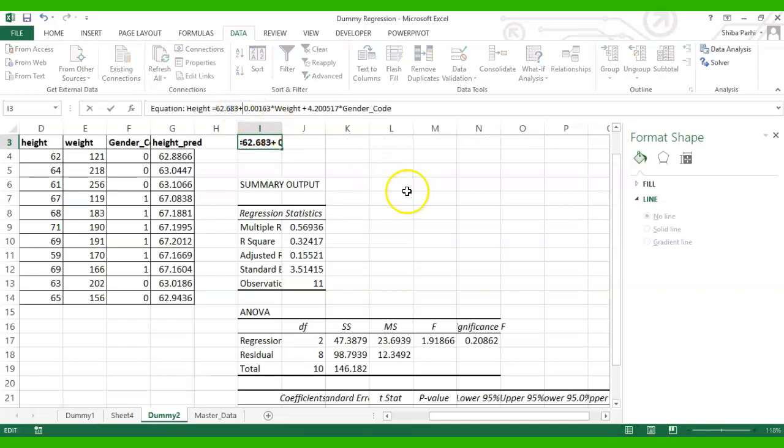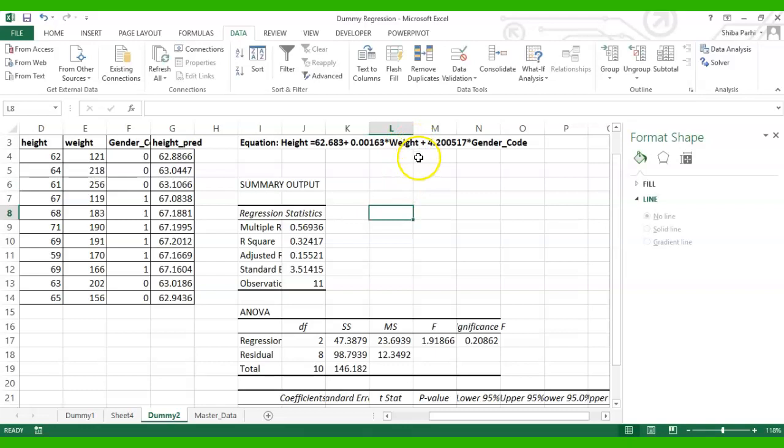So what it is telling is, if I change the weight by 1 unit, the height will change by 0.00163.